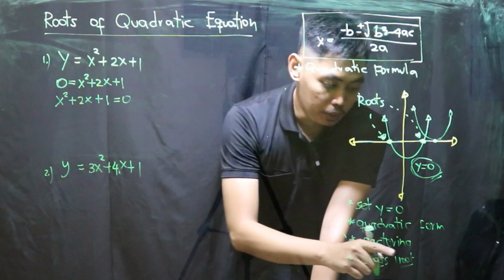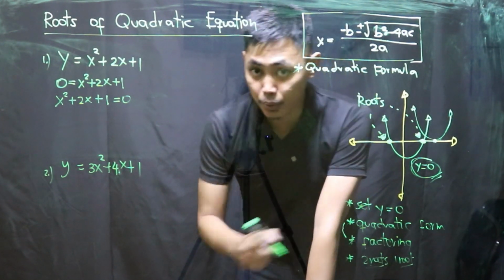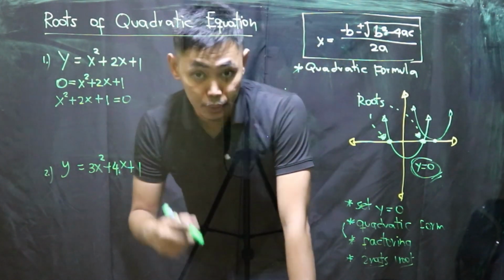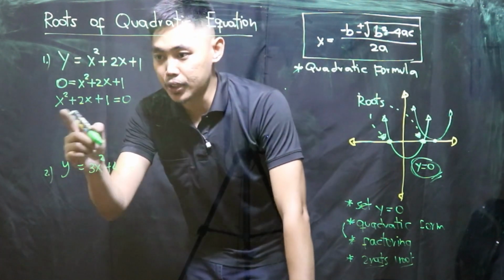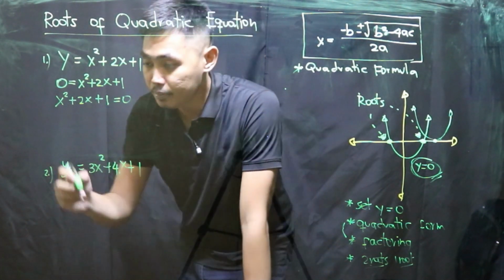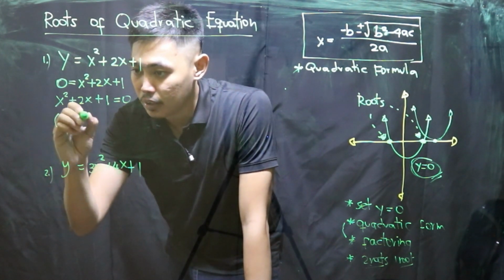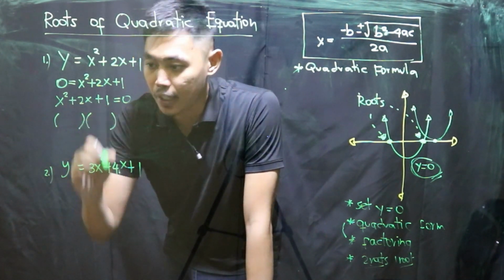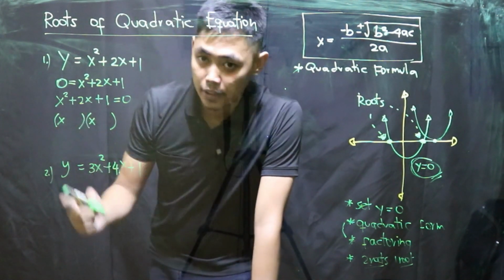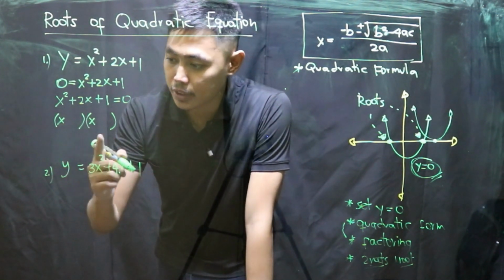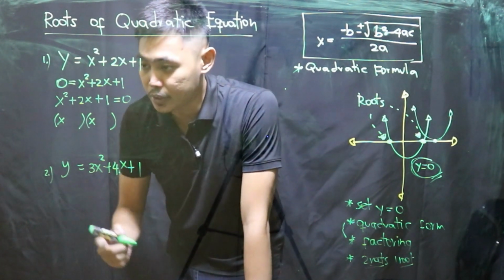After this, we can get the roots of the quadratic equation using factoring. So we will try to factor this. This is a trinomial, so we will factor it using the trial and error method.